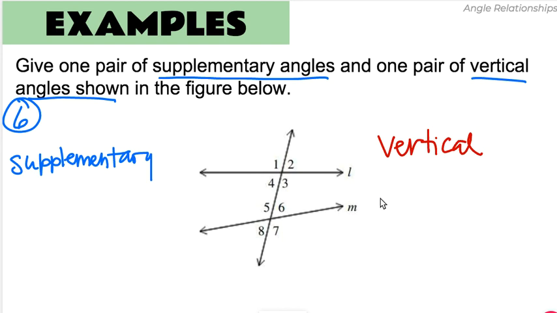Vertical. Remember that with vertical angles, you want to focus on 2 lines crossing and knowing that the opposite angles are called vertical angles. So I want you to try to identify vertical angles.